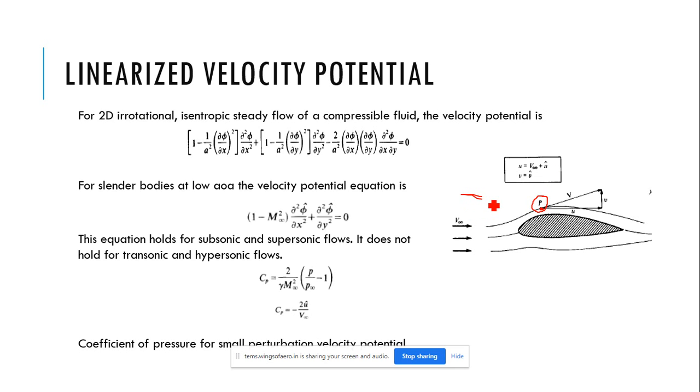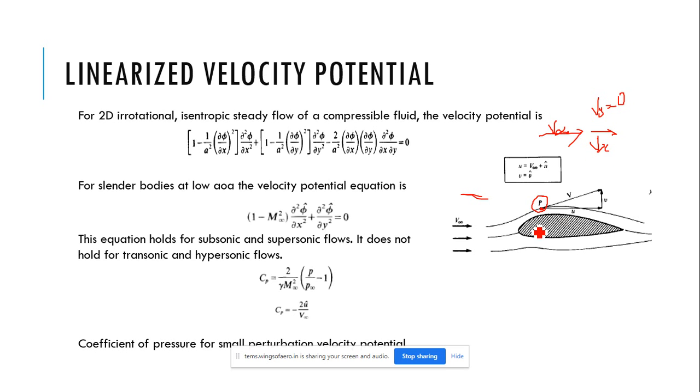Normally we will say, this is the free stream velocity. The free stream velocity has x velocity and y velocity also. Normally when it is in the horizontal axis direction, then we may say vy is equal to 0, and it only has vx.